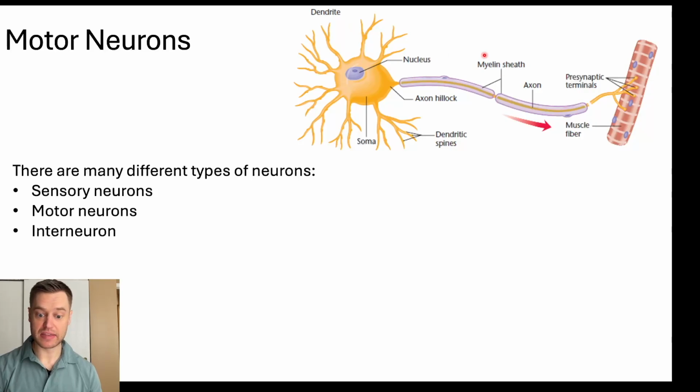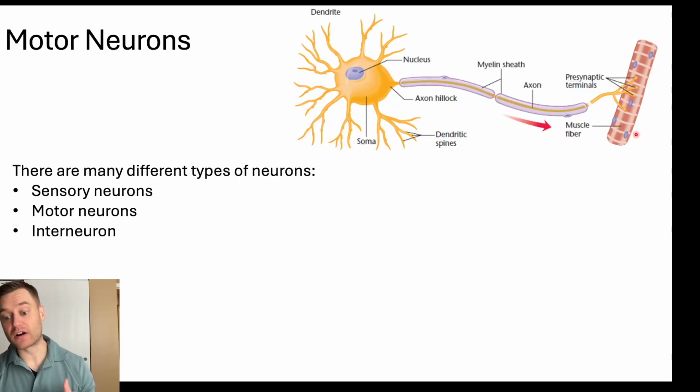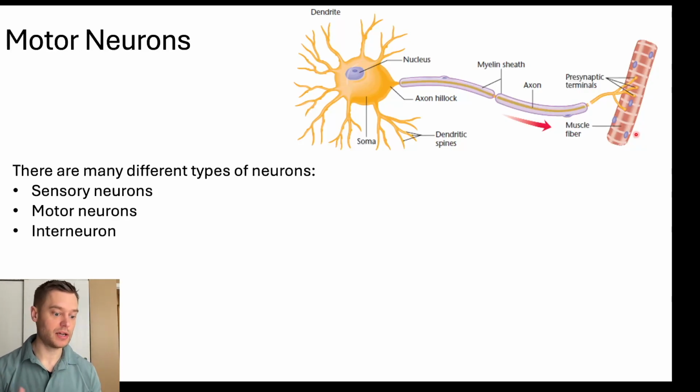So we see that this diagram looks very similar to the one that I just showed you, where we have dendrites, the soma, the nucleus, the axon hillock, and the axon, and it's myelinated, it's sending electrical information down to the axon terminals, and then we have the terminal buttons, or here they're calling them the presynaptic terminals, and those are innervating this muscle fiber and telling the muscle fiber to contract, okay? So if I were to say, what are the 3 main types of neurons, you would say sensory neurons, motor neurons, and interneurons.